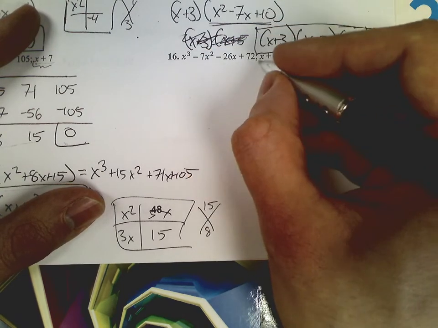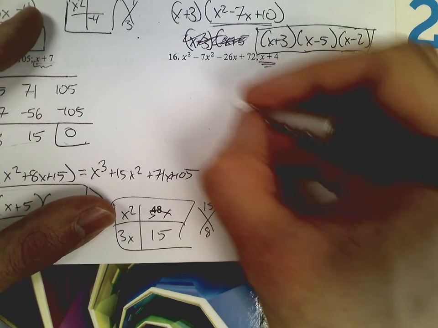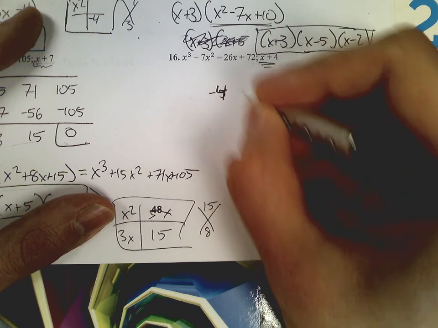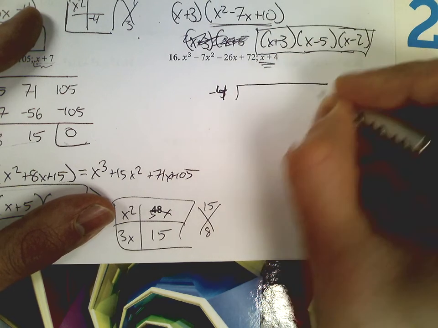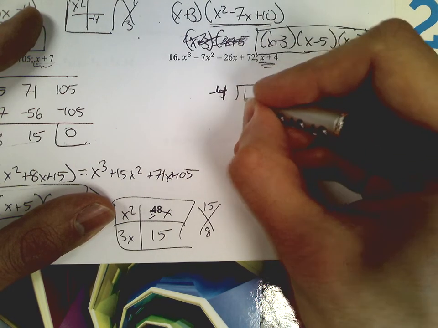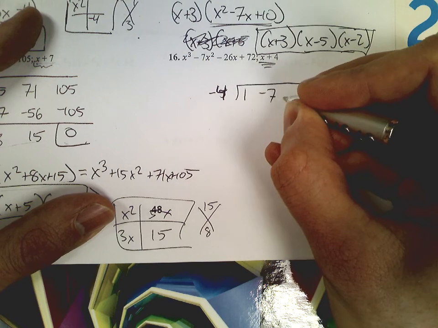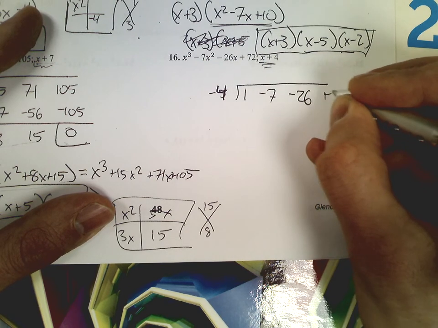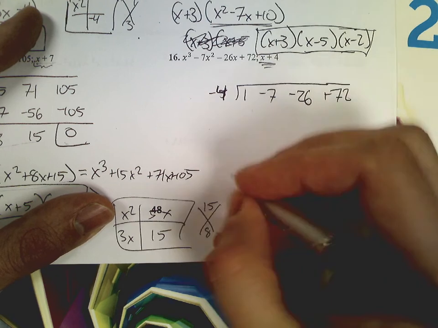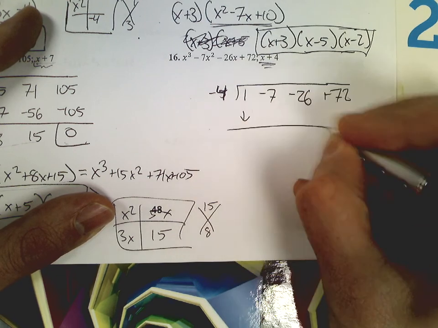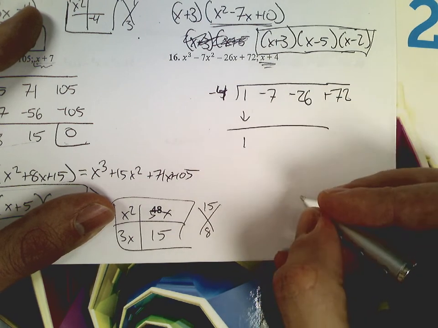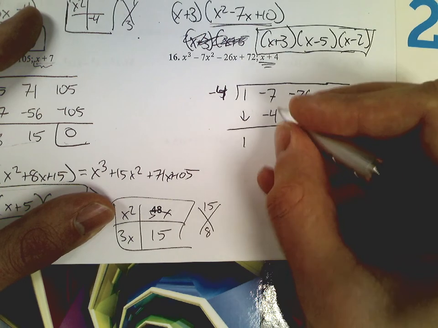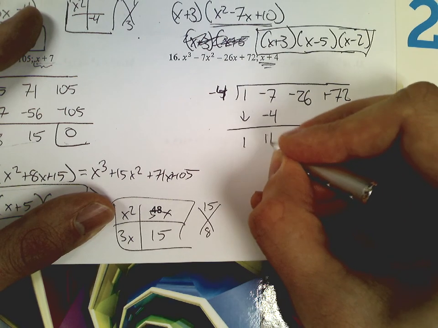So I have a factor of x plus 4, so I'm going to start out dividing using -4 for the front part. And then inside, a 1x cubed, -7x squared, minus 26x plus 72. Again, the 1 will come straight down, and we multiply times -4, add those, I'm going to get -11.